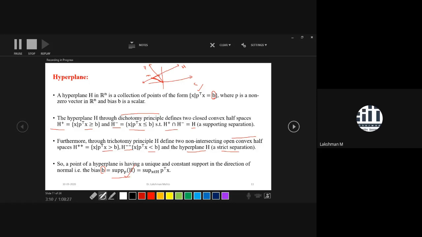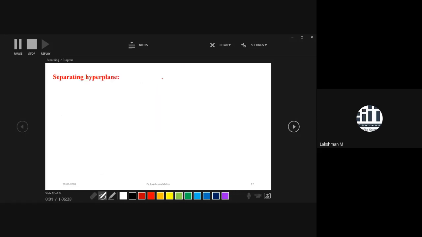This is the projection of x1 in the direction of p, and it gives your bias b. Similarly, if you take any other point, suppose x2, and project it orthogonally in the direction of p, the projection is again the same. So every point in a hyperplane has the same projection in the direction of p. That projection we denote by b, or call the bias, and it becomes the support of H in the direction of p. That is the geometrical meaning of b.